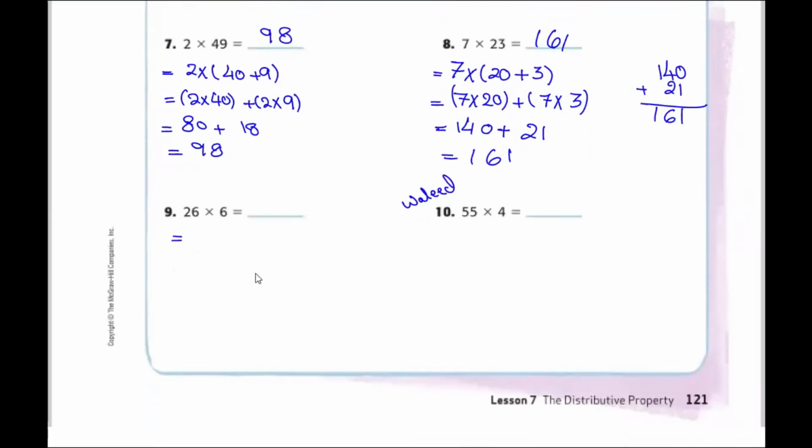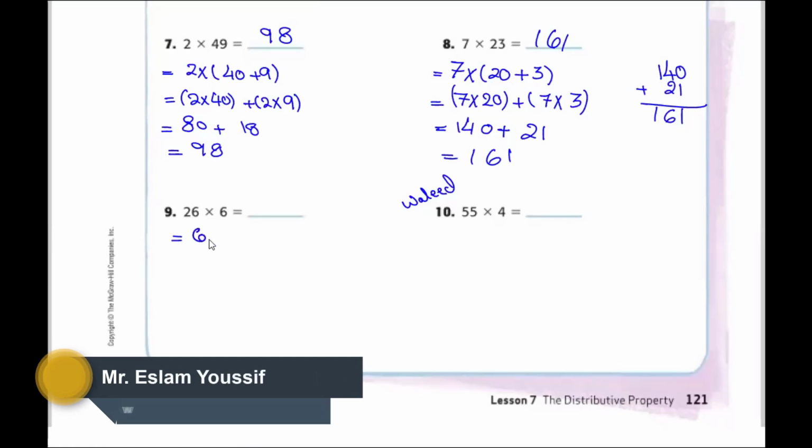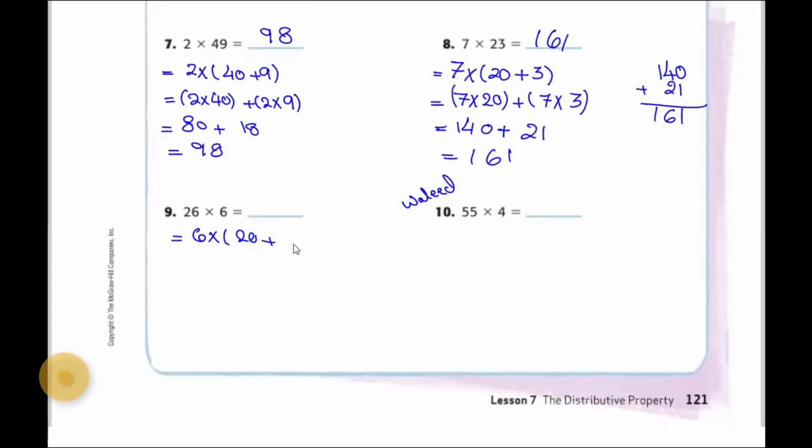So how do we solve this one? 26. 6 times 20 plus 6 times 6.